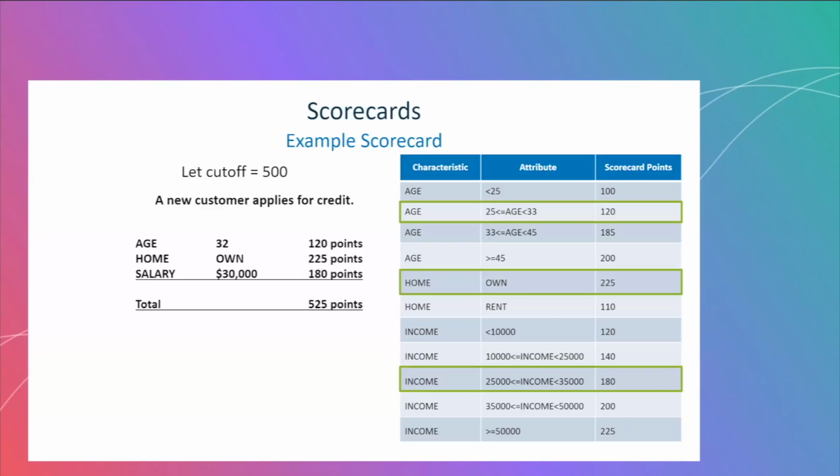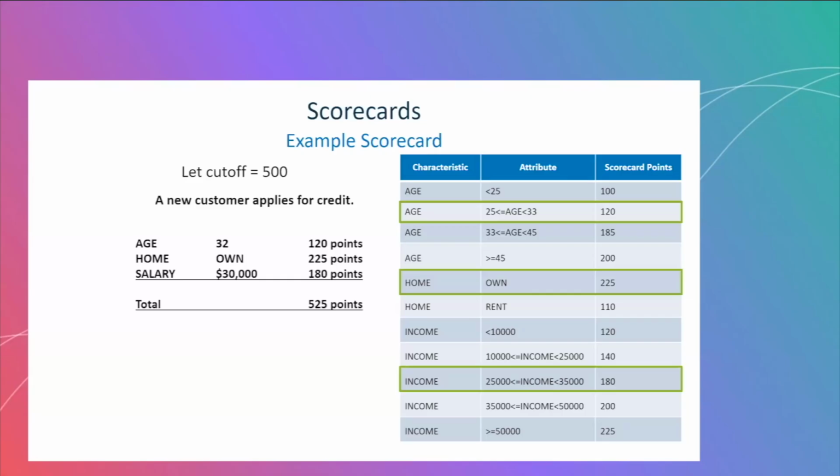And then when we look at his salary or her salary, again not to be gender specific or gender biased, he or she is earning $30,000. That falls into the income bucket, which is the third bucket in this case. The buckets, or the groups or bins for income, are less than 10,000, 10,000 to 25,000, 25 to 35, 35 to 50, and 50 above.